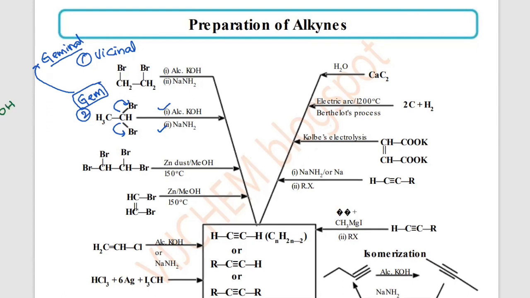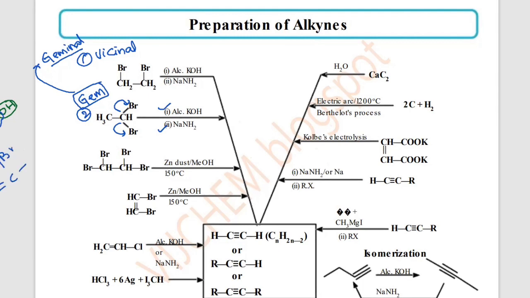So this OH and this H are eliminated as minus H2O, and this bromine and this potassium are eliminated as minus KBr. So obviously it is going to give you the product which is C double bond C with bromine here and hydrogen.